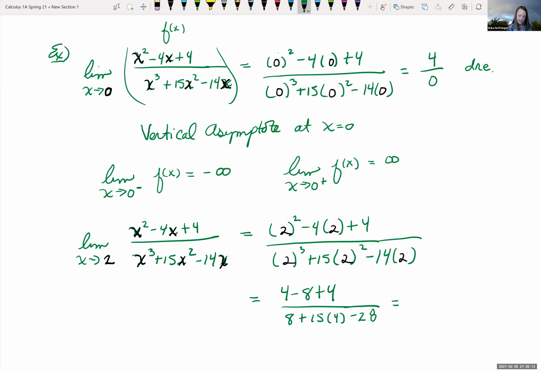So 4 minus 8 plus 4 gives me 0 in the numerator. In the denominator, 8 minus 28 is negative 20, and then 15 times 4 is plus 60. So that's 0 over 40, which is 0.